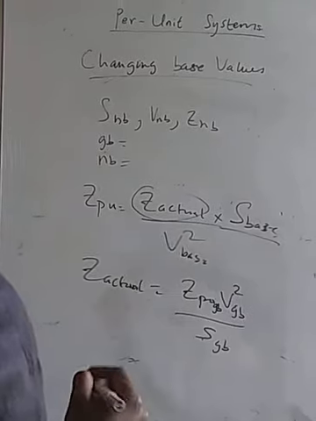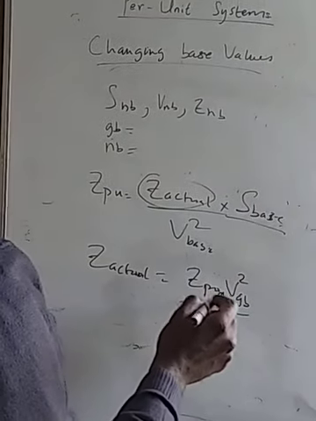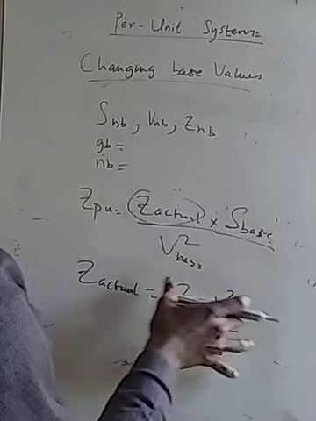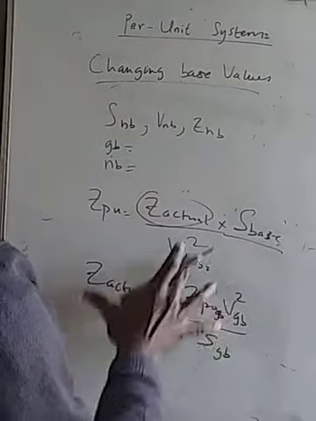That is what it will leave you with, if you make Z actual the subject of the formula and you are solving the problem only on the basis of the given base.